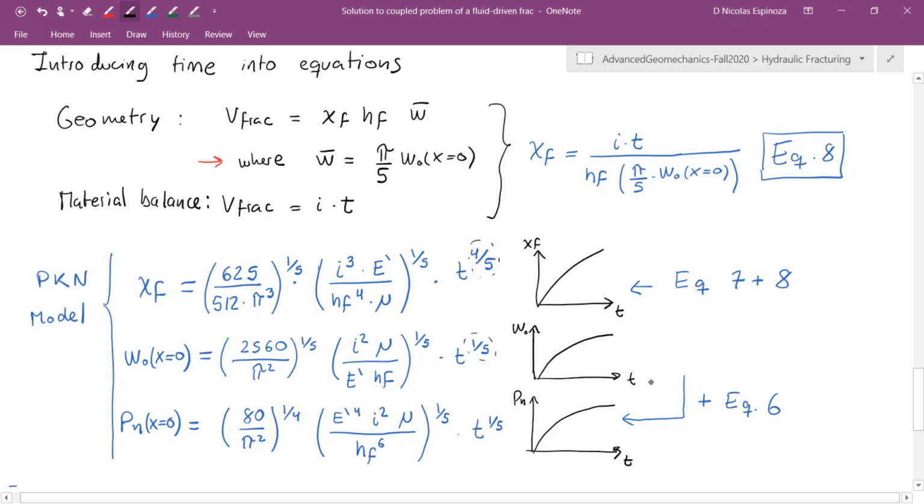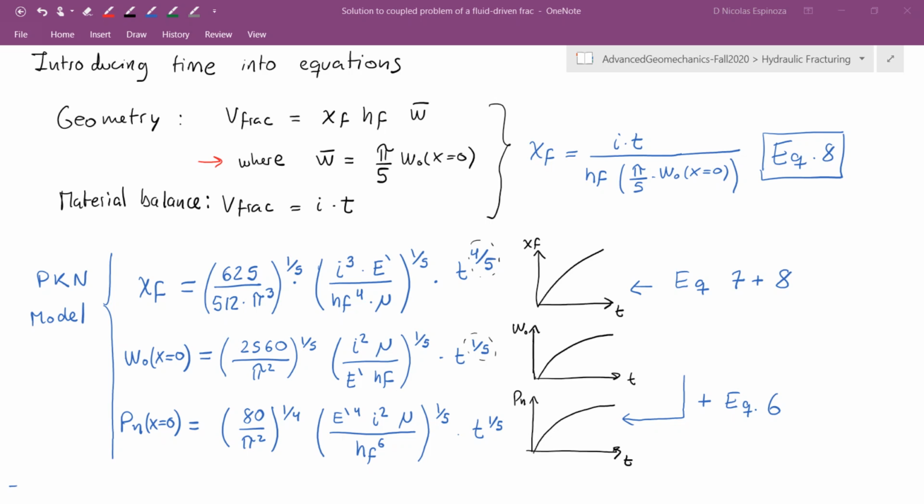So this PKN solution for this simplified problem is just an example of how you can solve these problems of fluid-driven fractures. And this solution is a good example because we can obtain an analytical derivation of the solution. You can do something similar for other models and other simplified geometries.